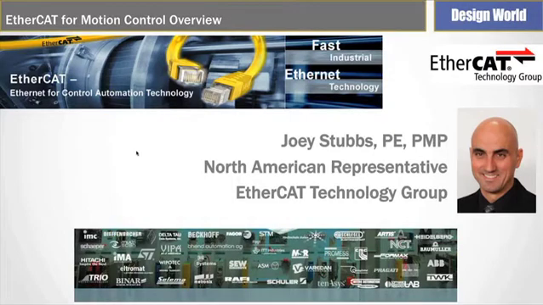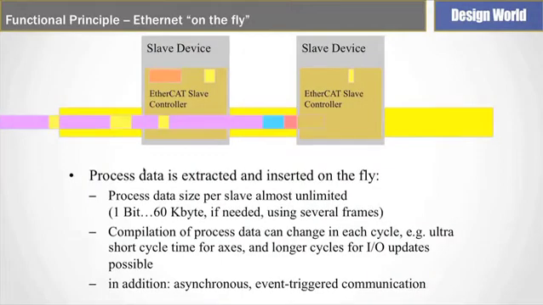Just a brief overview of how EtherCAT works. EtherCAT has a very efficient Ethernet on-the-fly technology. Every slave device has an EtherCAT slave controller chip built into it, and the purpose of this chip is to be able to insert and extract data as the data is coming by in the frame.